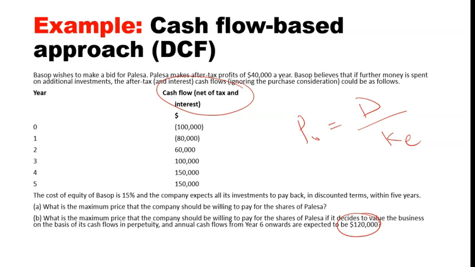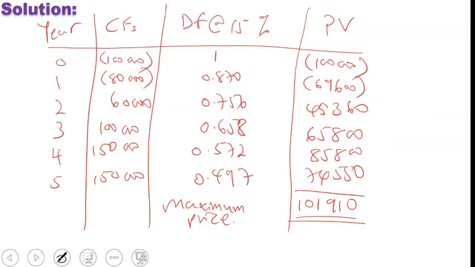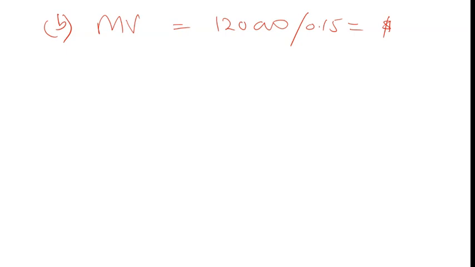So for part B, the market value is equal to 120,000 over Ke, and our Ke is 0.15, and this gives us almost 800,000.